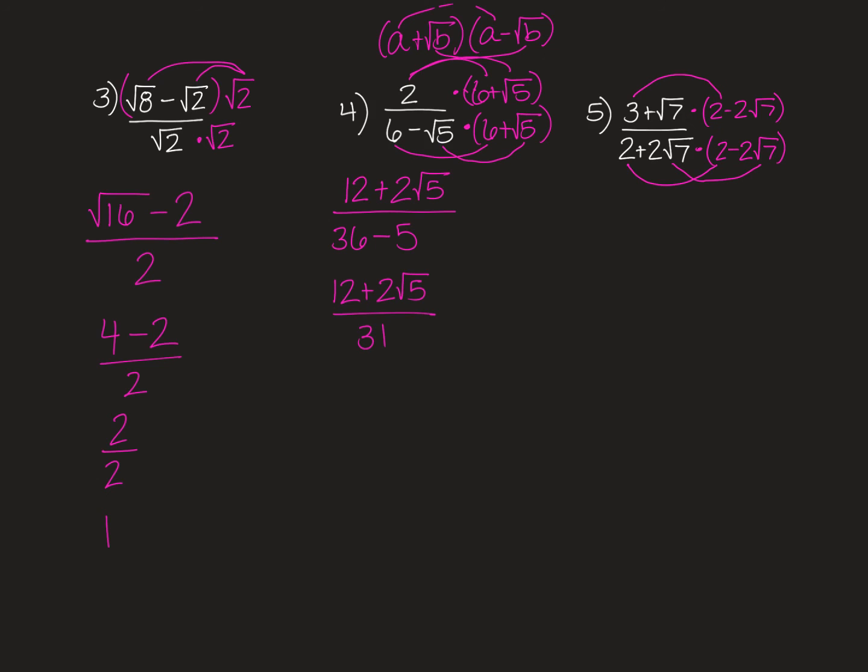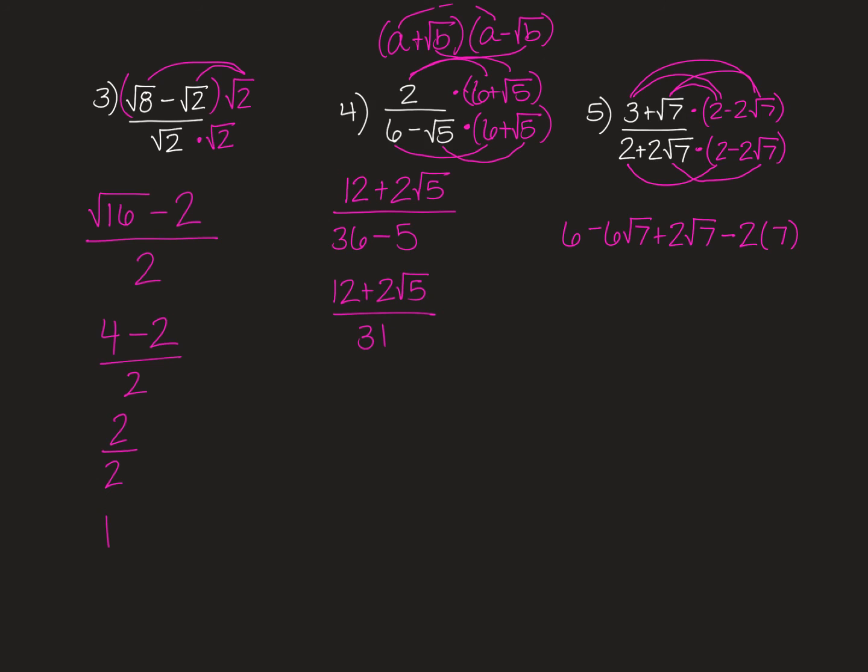So 3 times 2 is 6. 3 times negative 2 square root of 7 is negative 6 square root of 7. Square root of 7 times 2 is 2 square root of 7. Square root of 7 times negative 2 square root of 7 is negative 2 times 7.